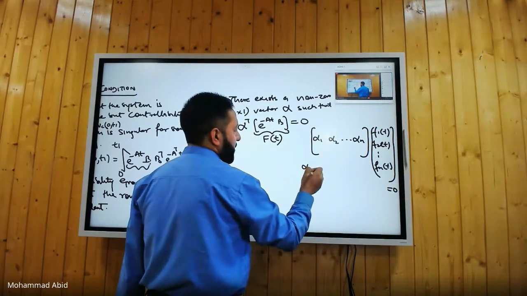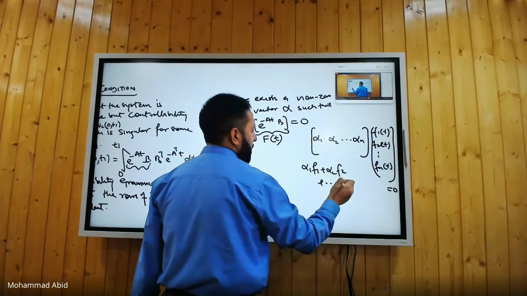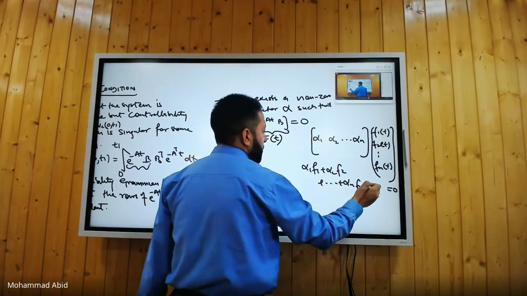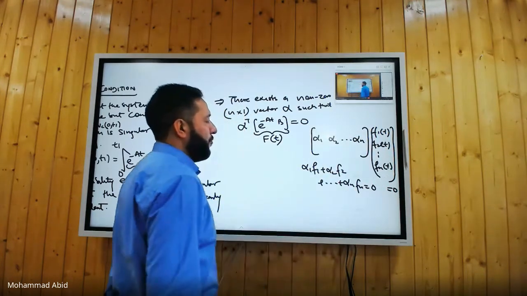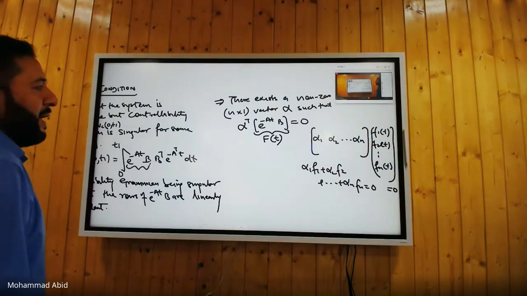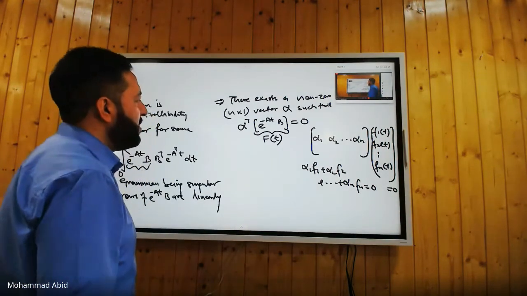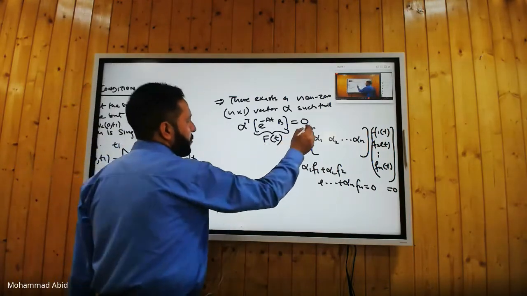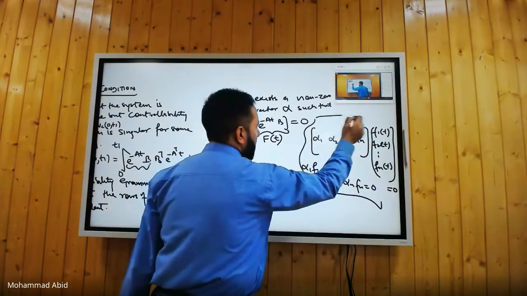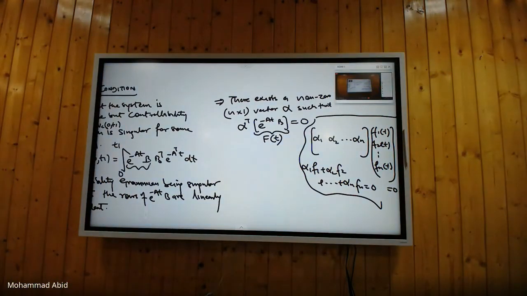So this will be alpha 1 f1 plus alpha 2 f2 plus so on alpha n fn equal to 0. I take the linear combination of the rows of this vector function matrix, and because I have assumed that this is singular, there exists a non-zero solution alpha to this. Is that okay? So there exists a non-zero solution to this.